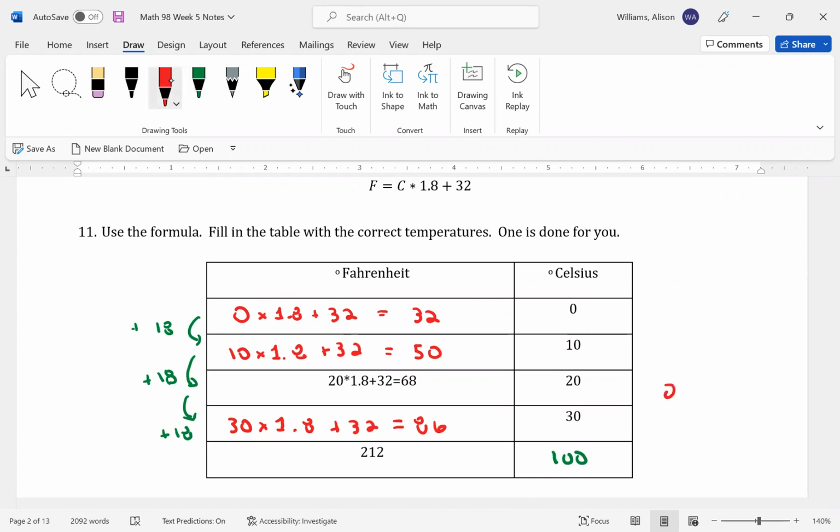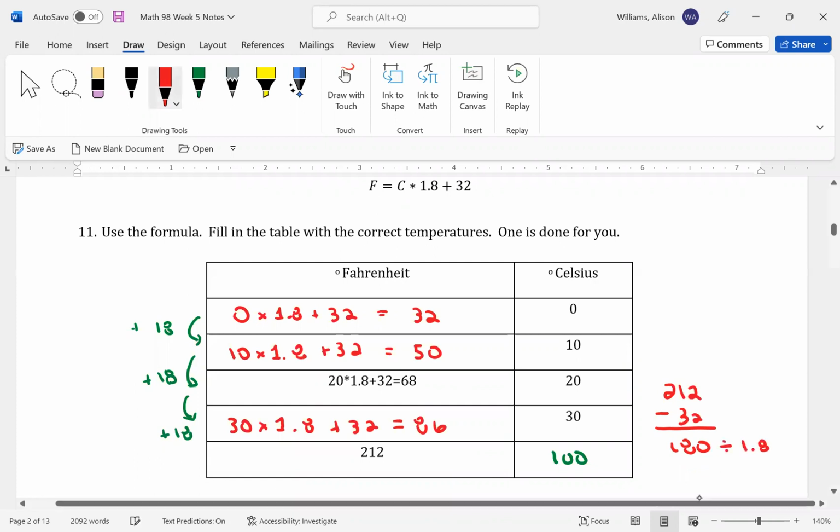You would take 212 minus 32. So instead of adding 32, I'd subtract 32. That gives me 180. And then instead of multiplying by 1.8, I would divide by 1.8. Here, let me write it as a division symbol. And when you divide that by 1.8, it gives you 100.